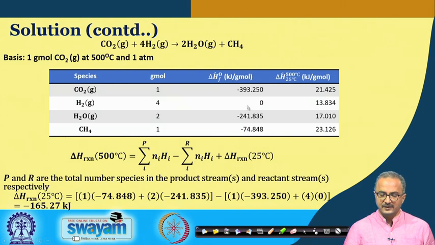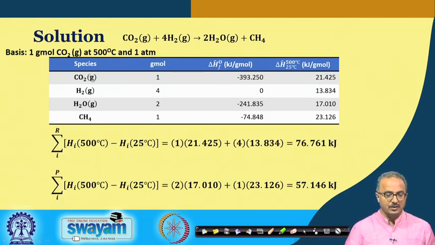So, just plug in the values along with the heat of formation, and we get this value of the heat of reaction. Then for this particular thing we get these sensible heat terms, and this can also be obtained from the values over here. This is basically the integral of Cp dT, where Cp is the specific heat.